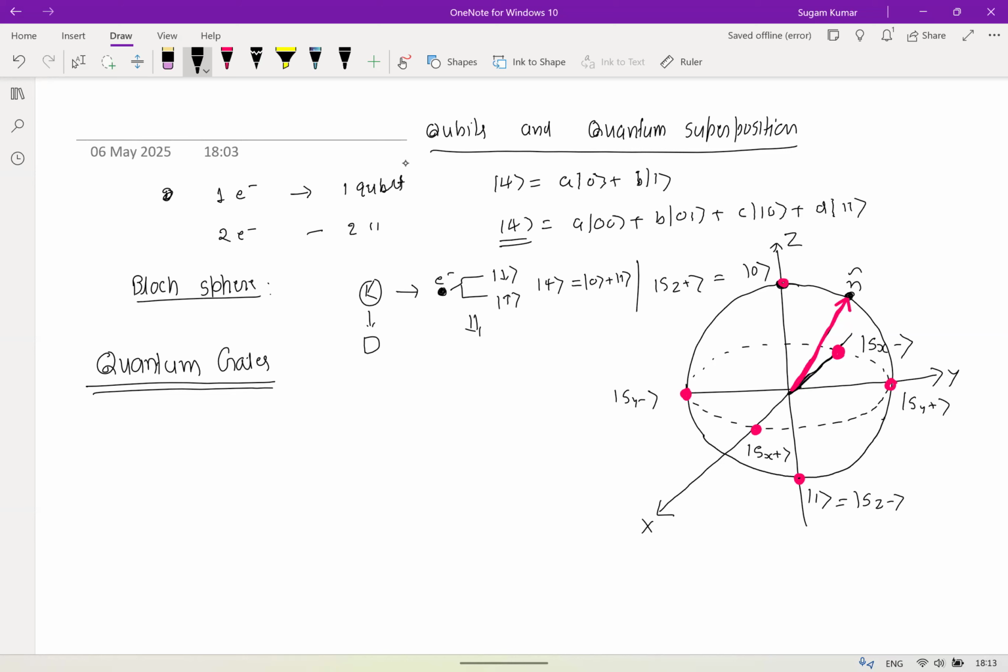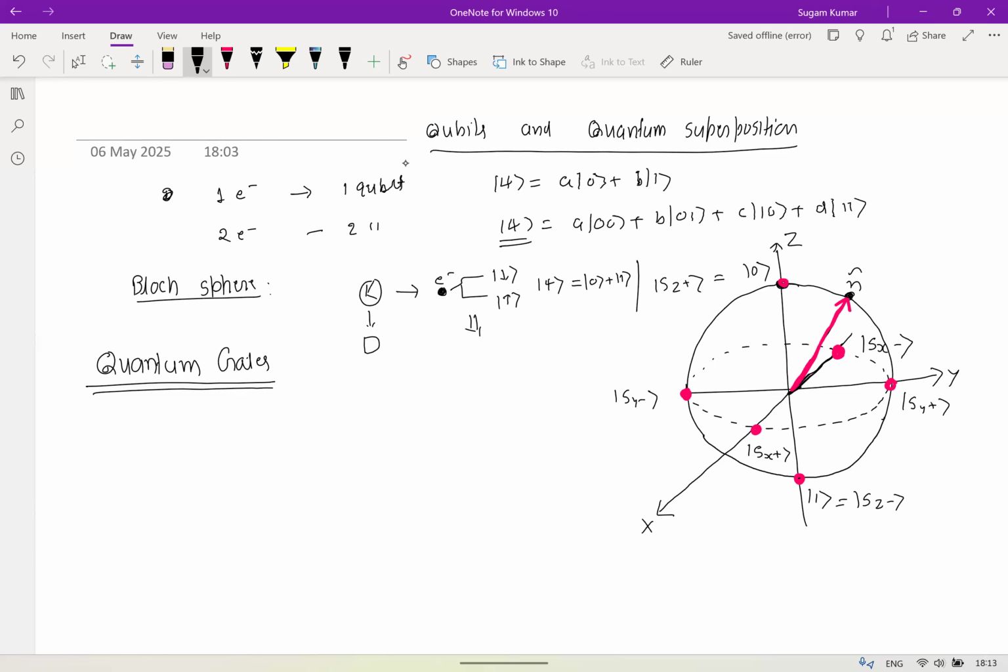So we will build some concepts here, and then slowly go further. We'll start with the simplest gate, and then go to the more difficult gates, which are of course 2-qubit gates and 3-qubit gates. So let us start now in small steps.